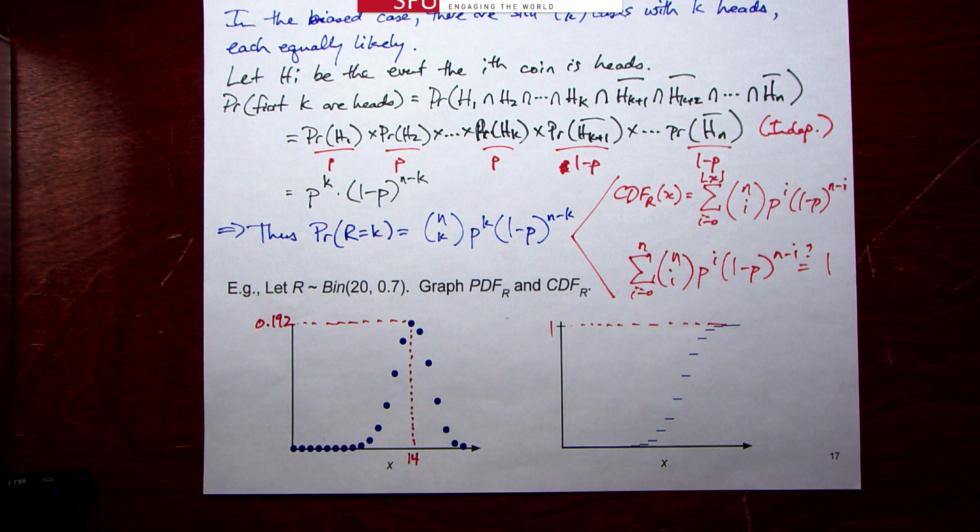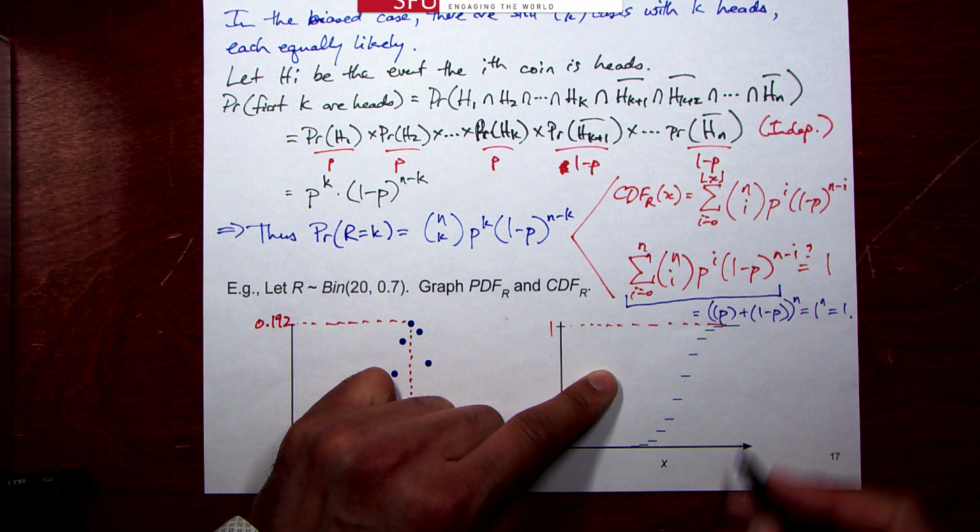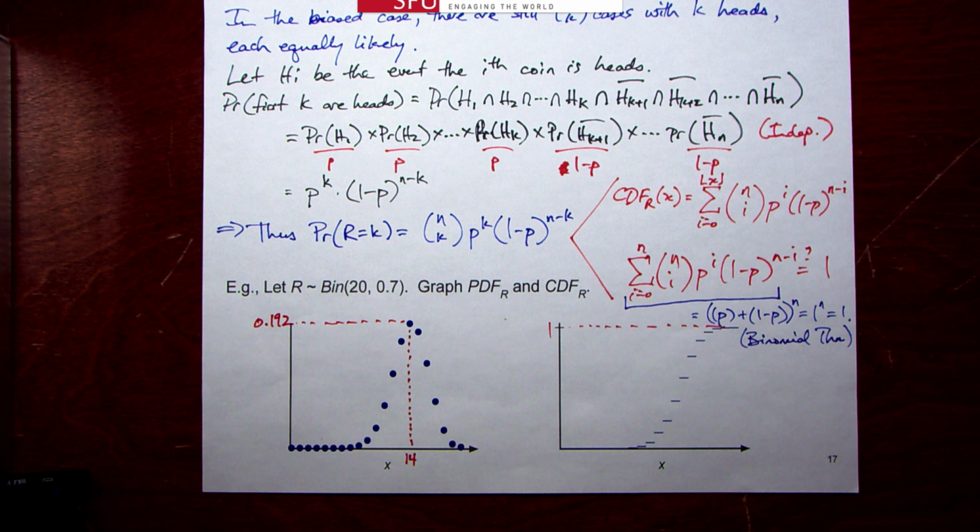And you can actually prove that this is the case using the binomial theorem, because this is actually the form of the binomial theorem, where this is the term x, that's p, and this is the term y, 1 minus p, to the n. And of course that simplifies to 1 to the n. So this is the binomial theorem, which has an appropriate sounding name, considering this is the binomial distribution.